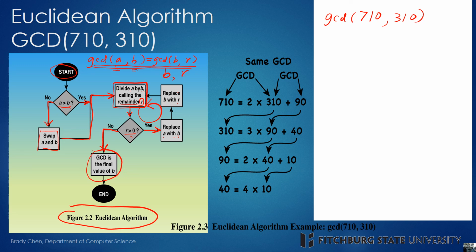Now when you check this, you will find that the greatest common divisor of A and B, I don't know what the common divisor is, but I know it is the same as the greatest common divisor of B and R. In this case, A is bigger than B, so B is always smaller than A. But now we replace A with B and B with R. So B is smaller than A and R is smaller than B. That means we turn the original problem of the greatest common divisor of A and B into the same problem of smaller numbers.